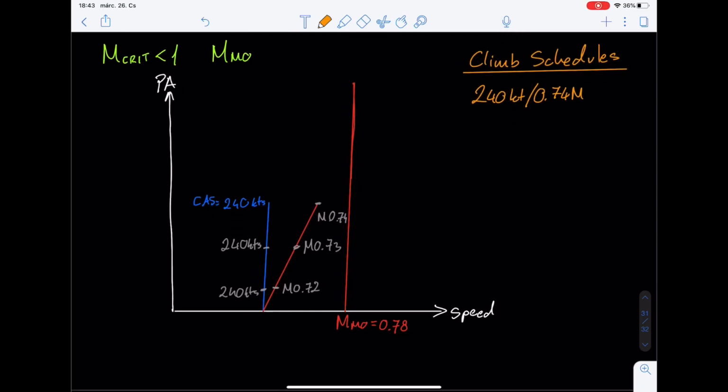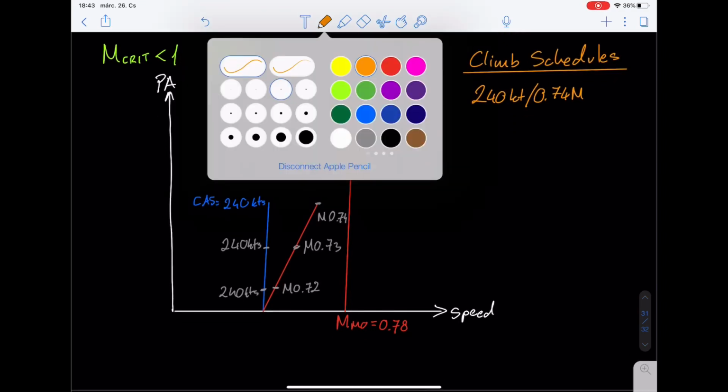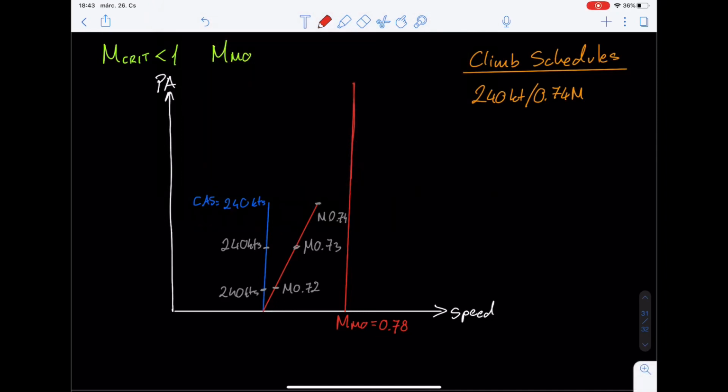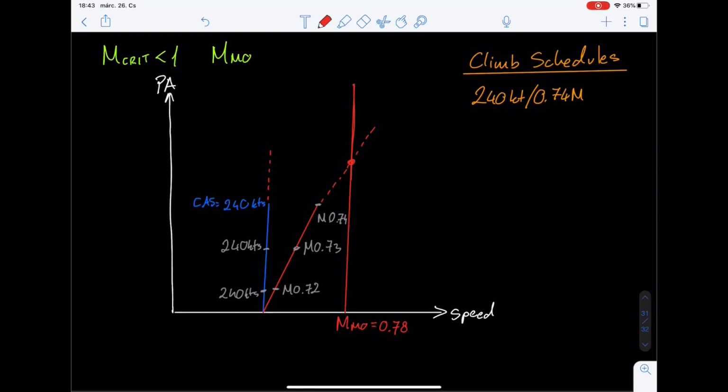Because you can clearly see here that if I continue the climb with a constant calibrated speed, my Mach number would increase and eventually I would reach and overshoot the maximum operating Mach number.